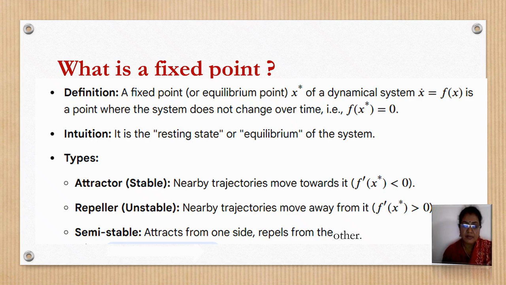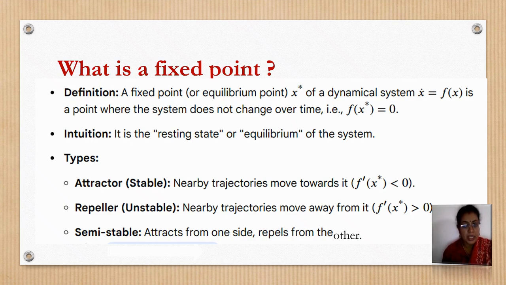And if you have identified the fixed points, the next question is, are they stable or unstable? So how do we determine that? If the nearby trajectories are moving towards it, then you call it an attractor, a stable fixed point. And if the trajectories are moving away from it, you call them a repeller, the unstable fixed point.